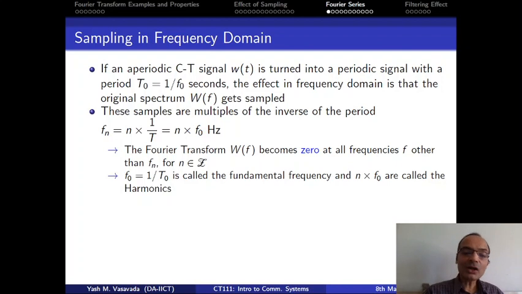This f0 plays a critical role, and it is called the fundamental frequency. All of the other samples that we get, which are integer multiples of f0, are called the harmonics of the fundamental frequency.